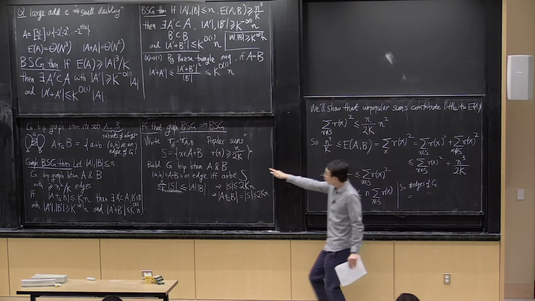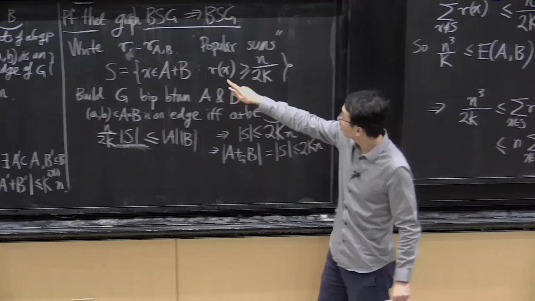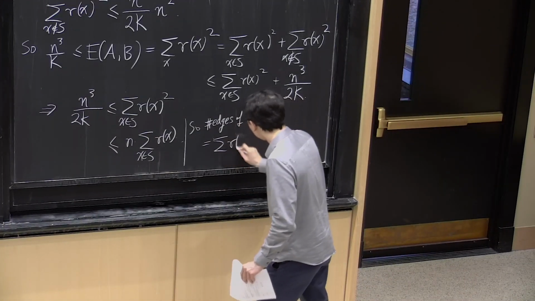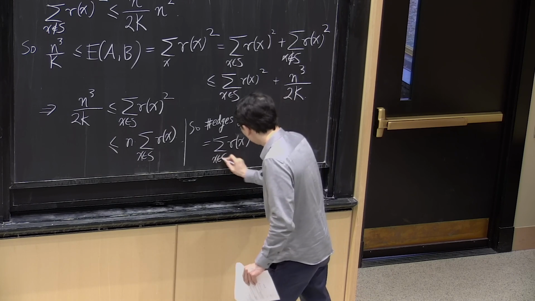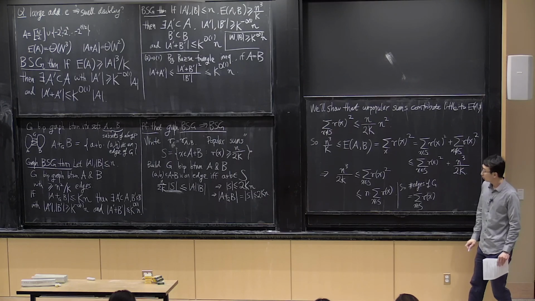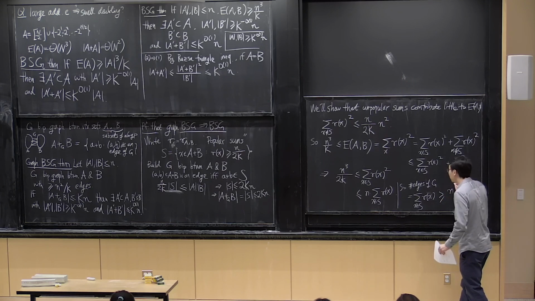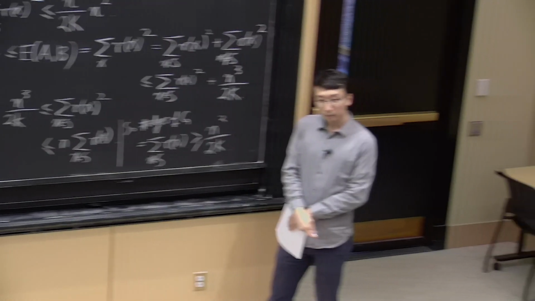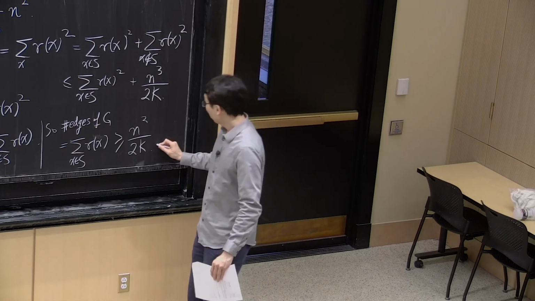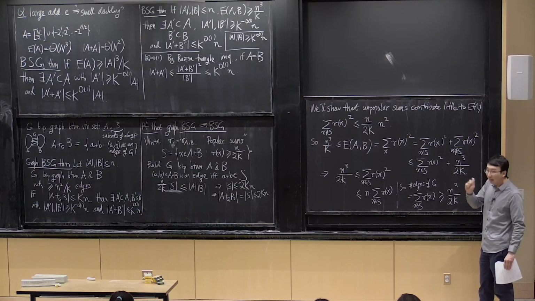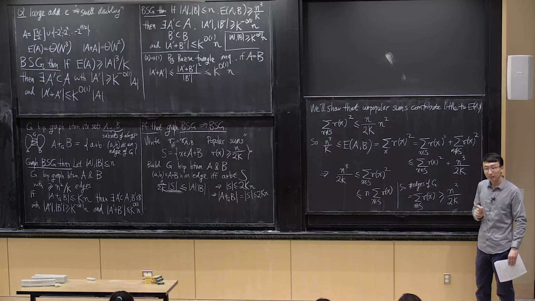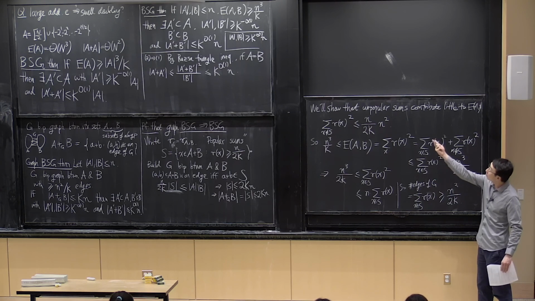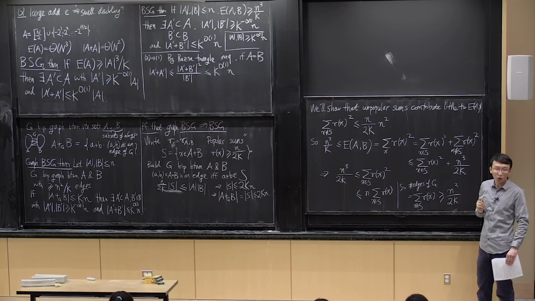Each x here contributes R_x many edges. So the number of edges of G is simply the sum of these R_x's, which is quite large. So the hypotheses of graph BSG are satisfied, and so we can use the conclusion of graph BSG, which is the conclusion that we're looking for in BSG.